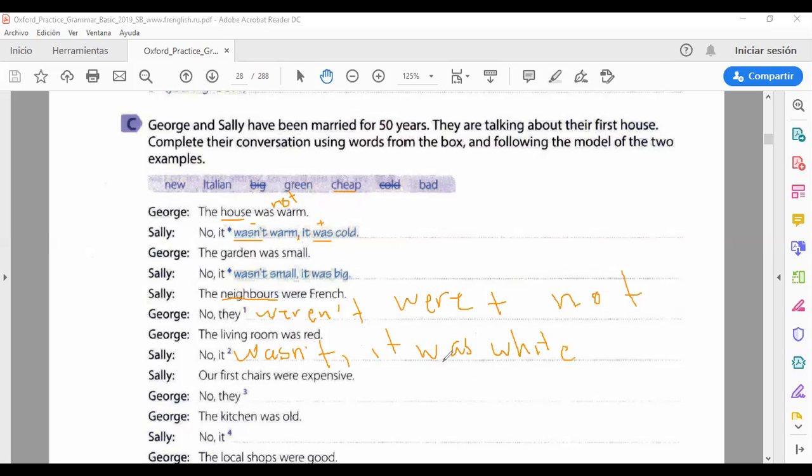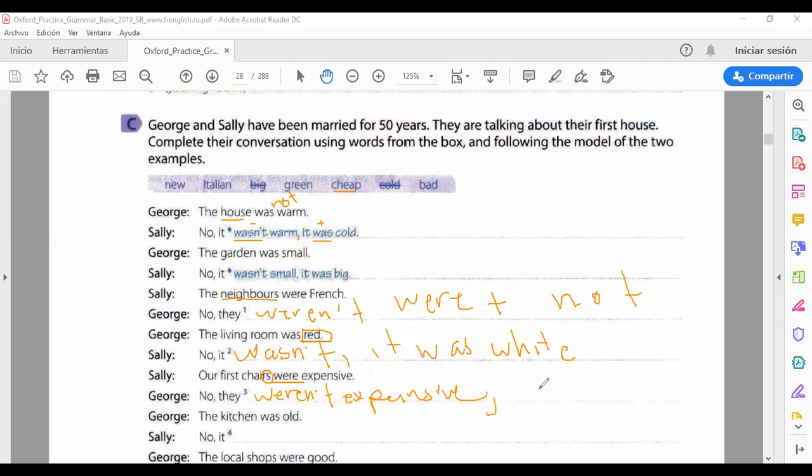Okay, because I'm specifying that it wasn't red, it was white. Okay, our first chairs were expensive. No, they weren't, because I'm talking about many chairs. No, they weren't. Like that. No, they weren't expensive.